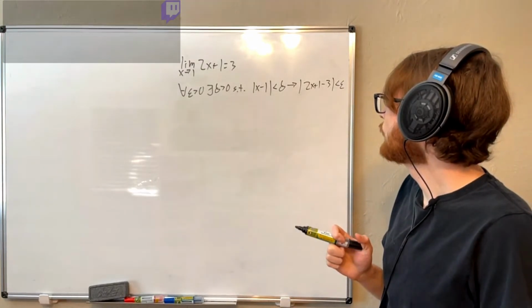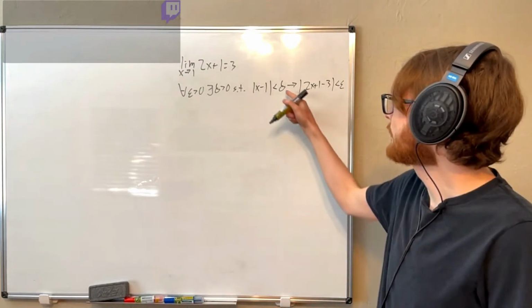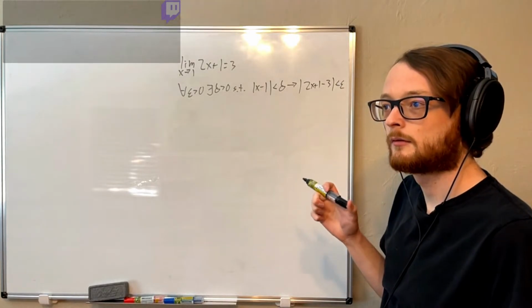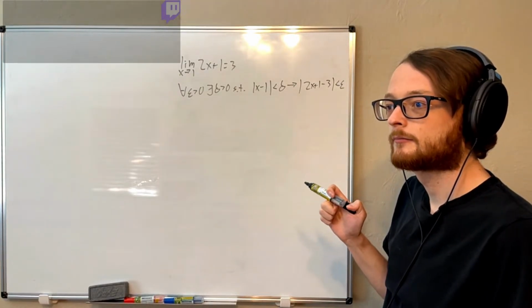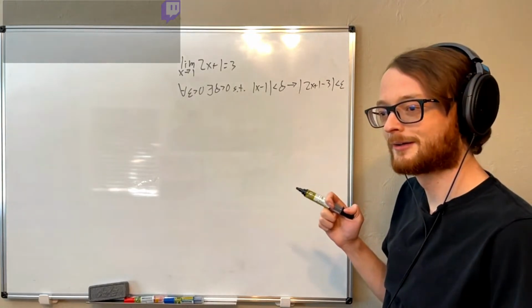And so we need to figure out a choice of delta for any given epsilon.